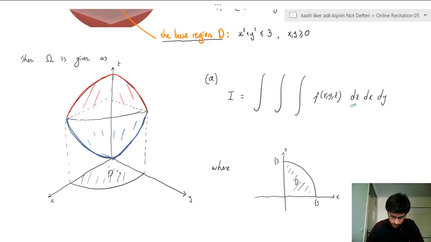We start with some fixed x and y, and we have a slice like this, and this hits the region, passes through the region inside, and then it hits the region once more, and it leaves. The red is this, the green one is the first. Actually, it basically encodes the first part of the integration.